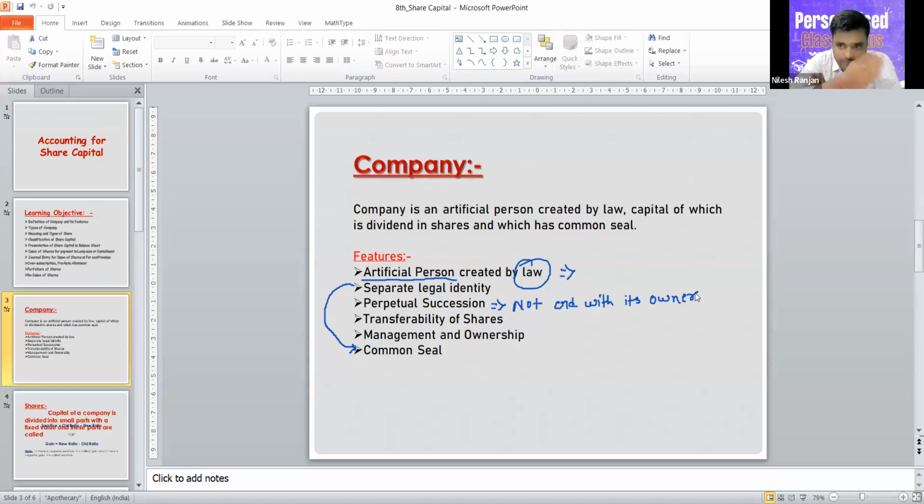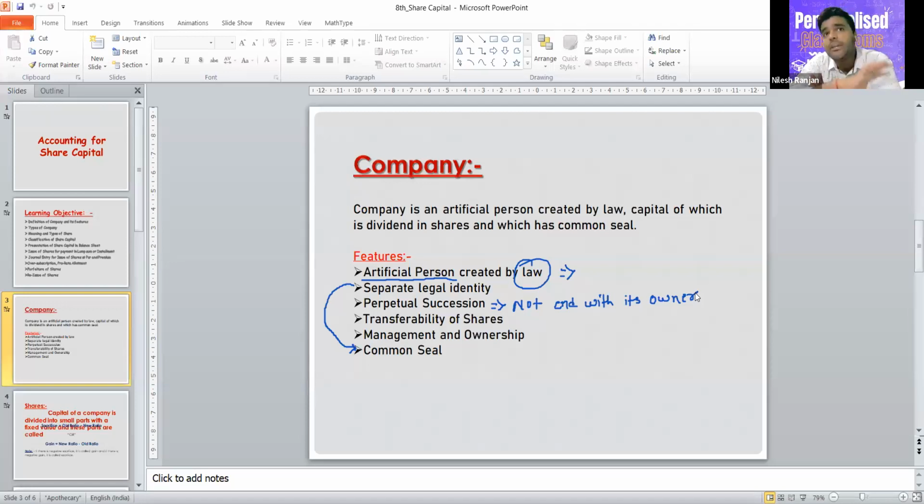I will be responsible. Yes, sir. So that's why a coaching institute doesn't have any separate legal identity.